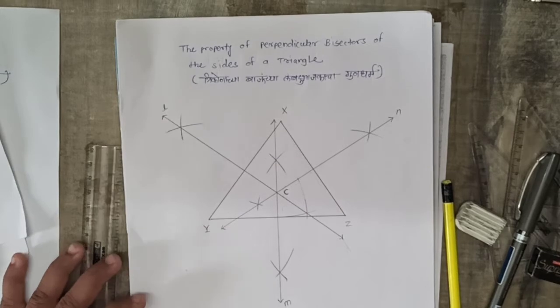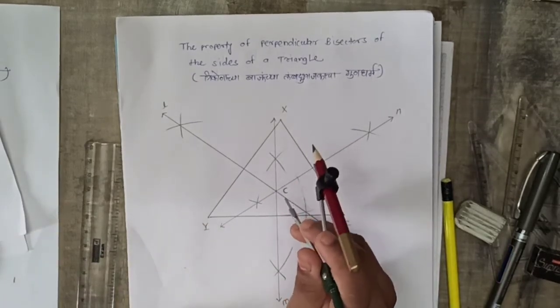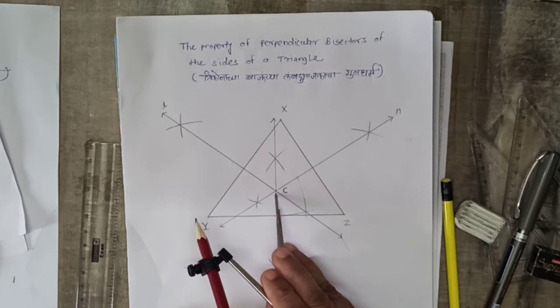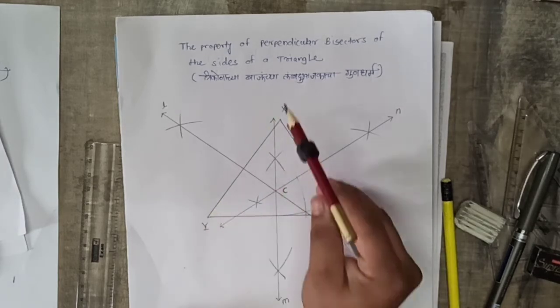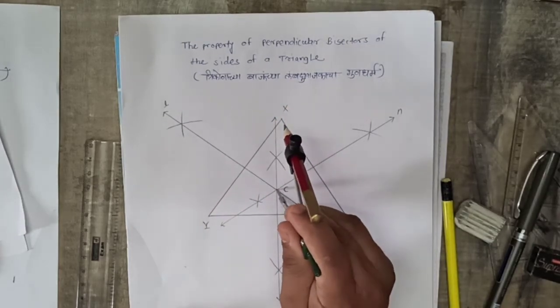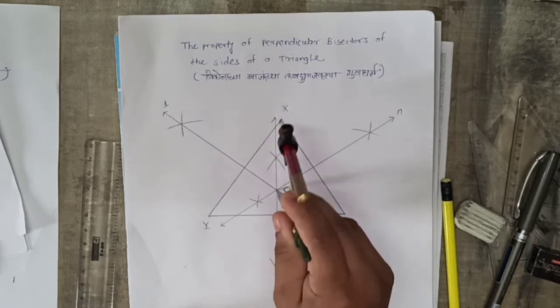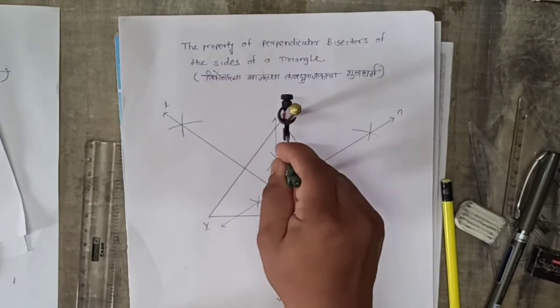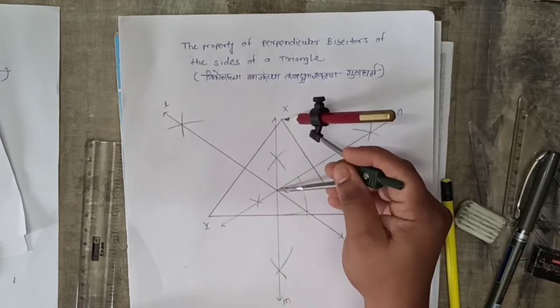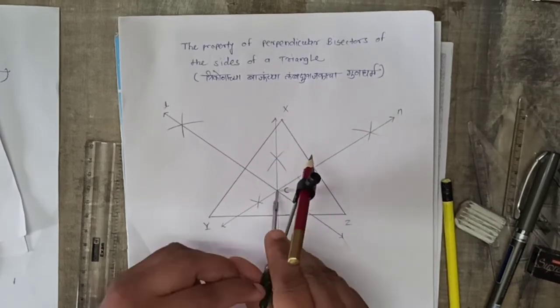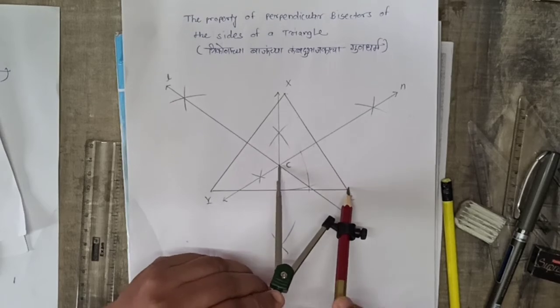Then measure the distance between this point of concurrence and the vertices of this triangle. Place the tip of the compass on C. So this is the distance CX, this is the distance CY, and this is the distance CZ.